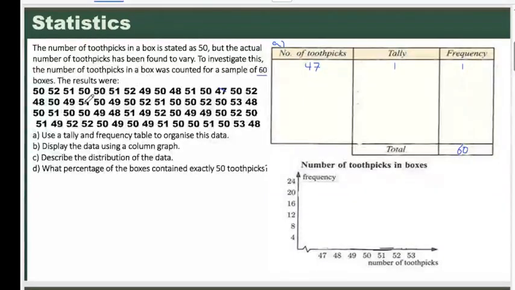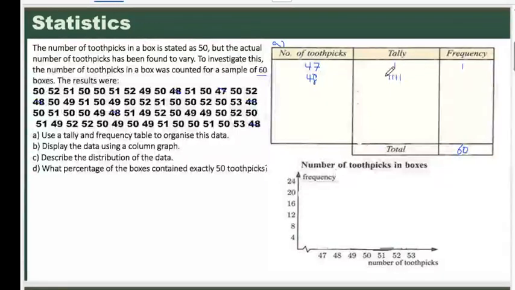I will go for the next one, which is 48. Each box that includes 48 toothpicks, I will count 1, 2, 3, 4, and 5 here.